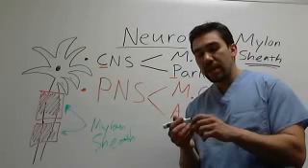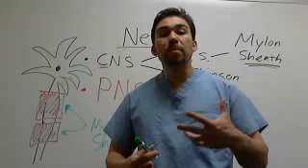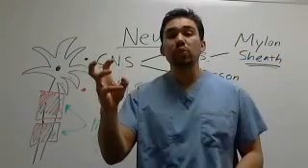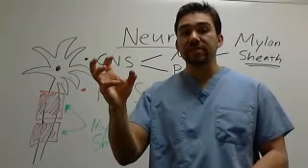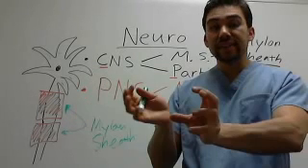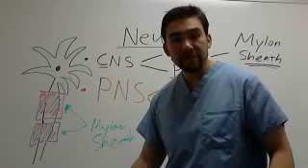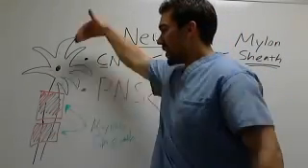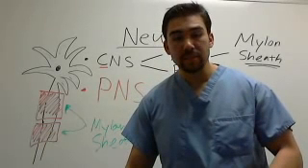Myelin sheaths help to move electrical impulses along. So if you twitch your fingers or twitch your hands, the reason we can move is because these myelin sheaths move what's called the action potential down that myelin sheath.